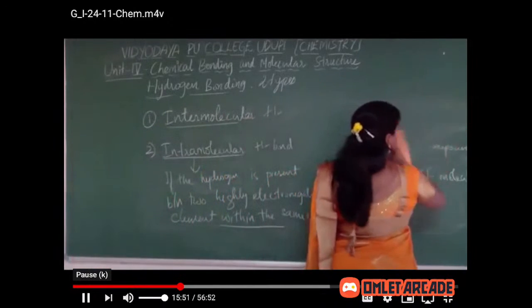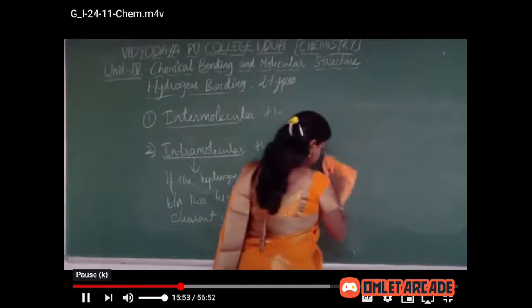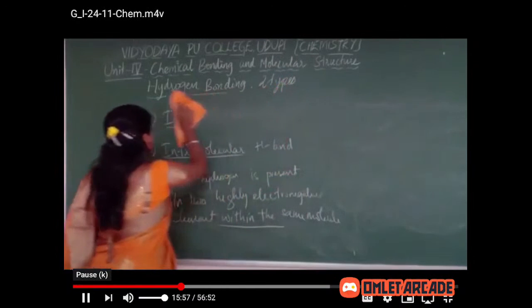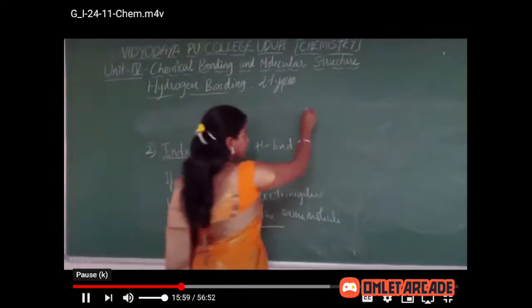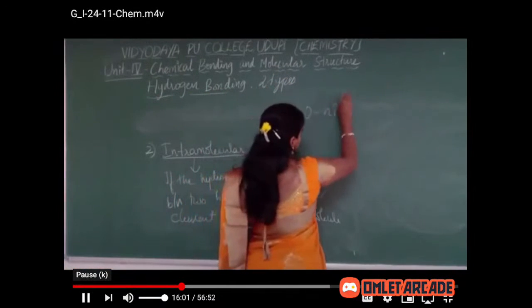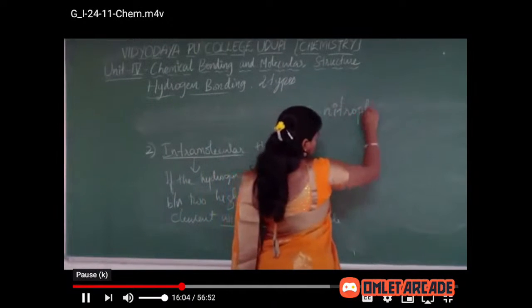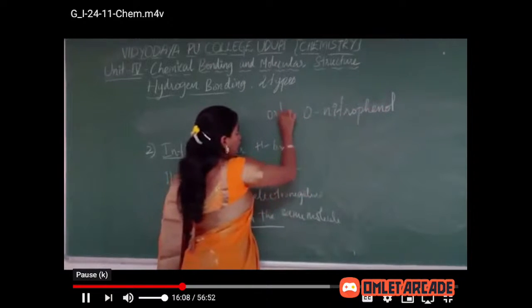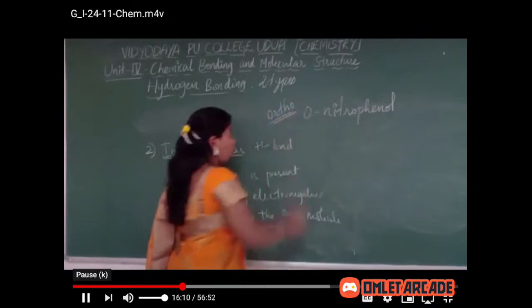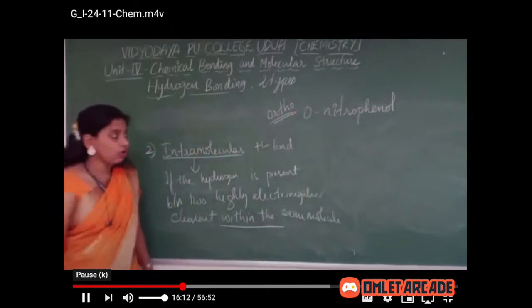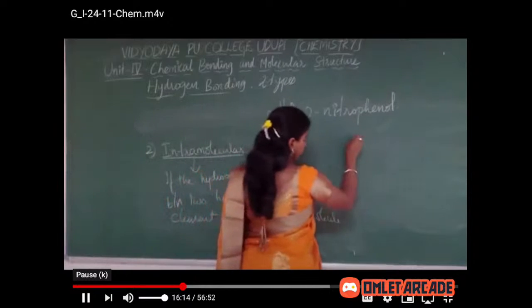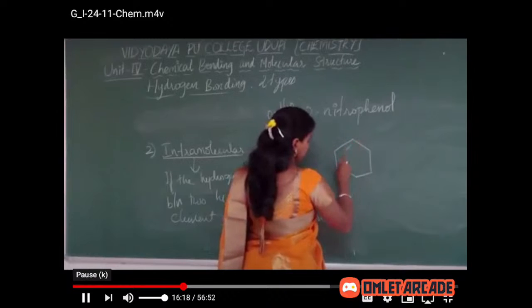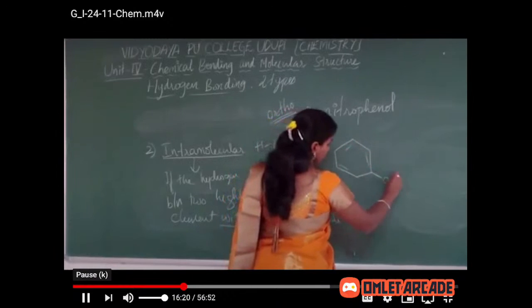Example is orthonitrophenol. Intramolecular example is orthonitrophenol. Okay, what that means: phenol, you know, benzene ring with OH.